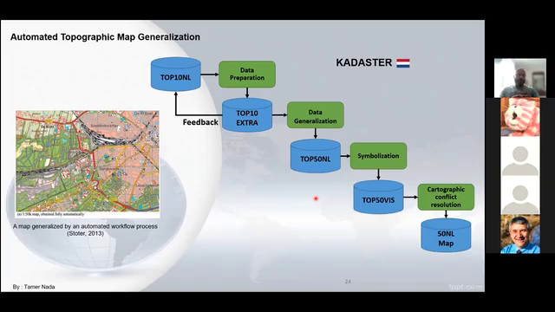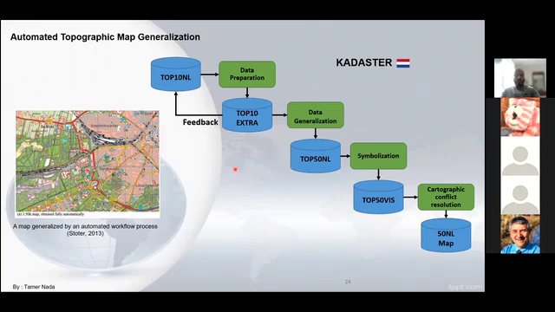Another very interesting case study is Cadastar in the Netherlands, where a fully automated workflow was successfully implemented to compile the 1 to 50K map from the 1 to 10 database without any human interaction. The complete generalization workflow was implemented within the model builder in ArcGIS, which is exactly what I'll be trying to do using the model builder in ArcGIS.